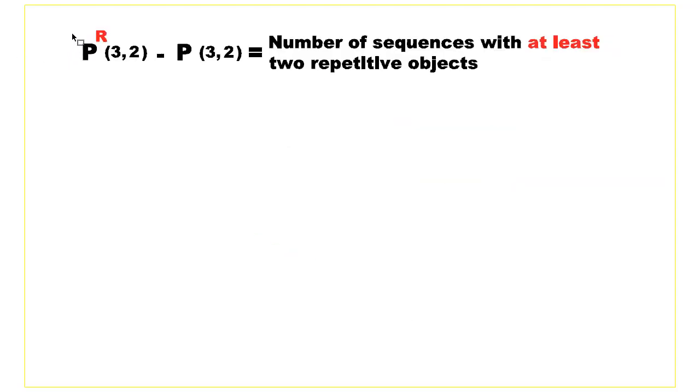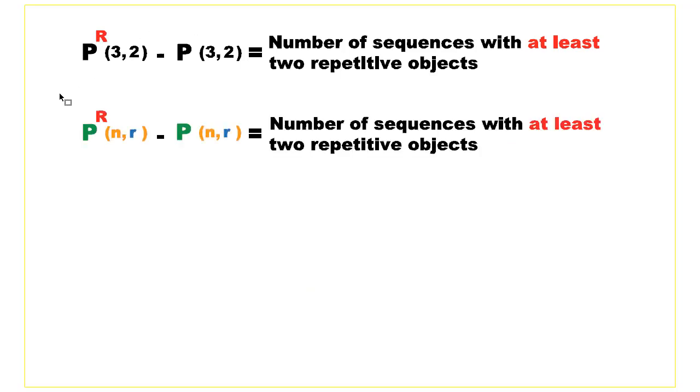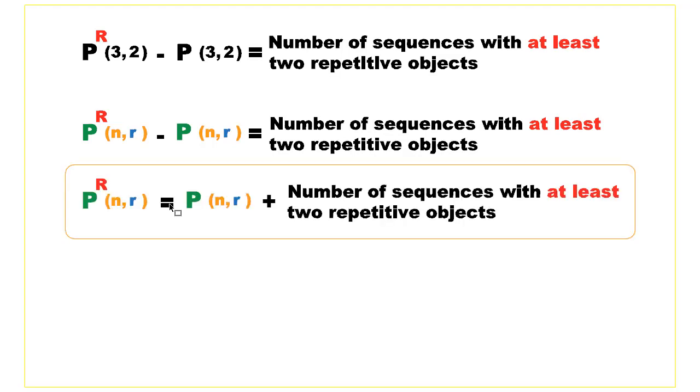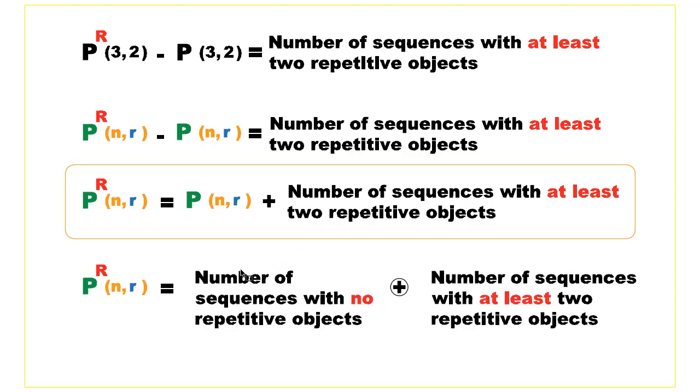So this difference between PR and P, now we are going to write in a formal way. P and R with replacement minus P and R without replacement is going always to be the number of sequences with at least 2 repetitive objects. We can write it in a different way. P and R with replacement equal to P and R plus the number of sequences with at least 2 repetitive objects.